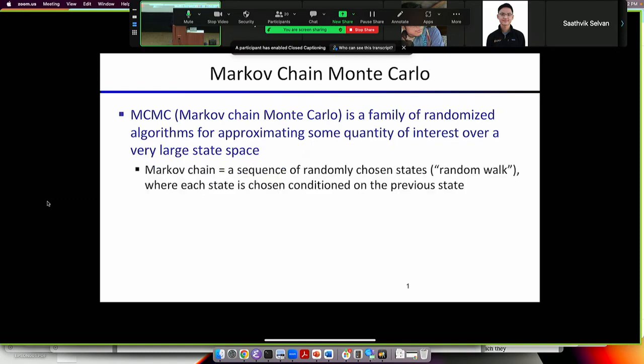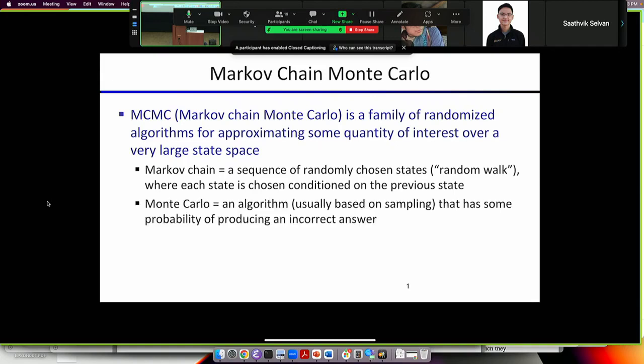So a Markov chain is just a sequence of states, and each new state is chosen randomly given the previous state. Okay? And you can have any neighborhood structure you want. You can hop from one side of the state space to the other in huge leaps if you want. As long as that random walk is constructed in the right way, your estimates will end up converging to the right value. So we'll see how that works.